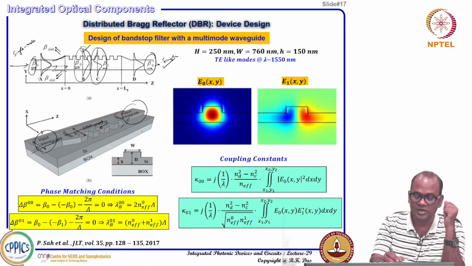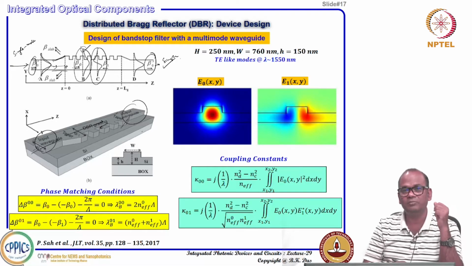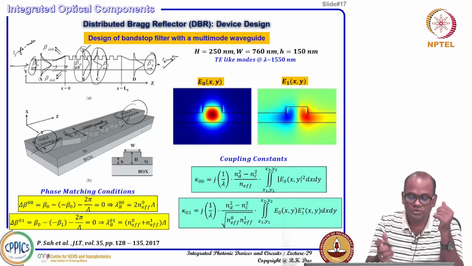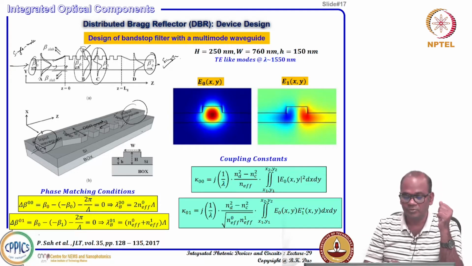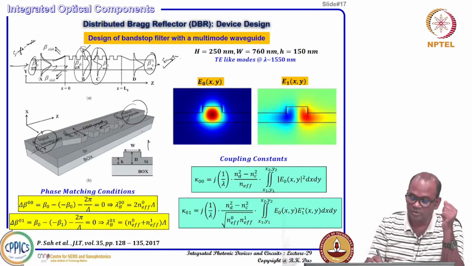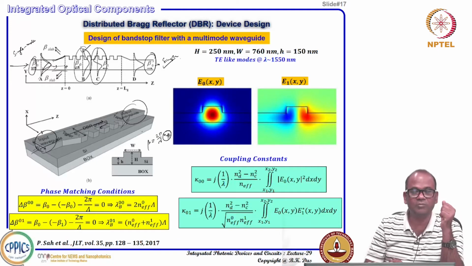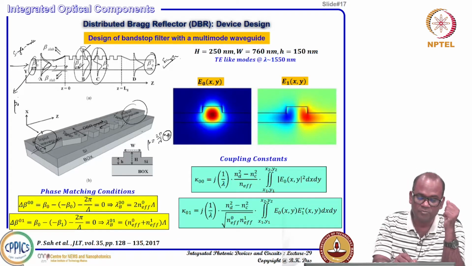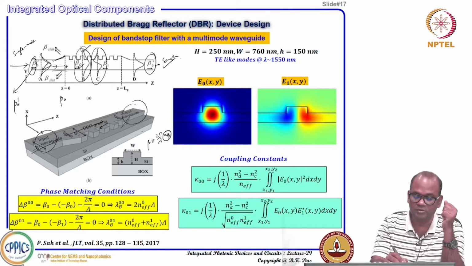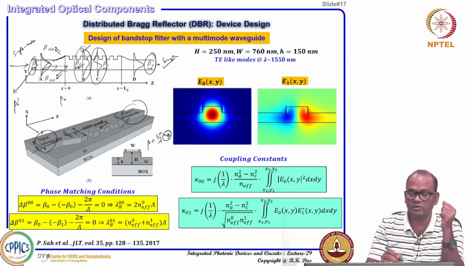In the grating structure, the fundamental mode has a larger width, so the propagation constant will not be the same. Beta is actually 2 pi by lambda times n effective, so a different width means a different n effective. For a given wavelength, beta will be different here for the fundamental mode. That is why here we consider beta naught prime, here beta naught, and for the first order mode beta 1.